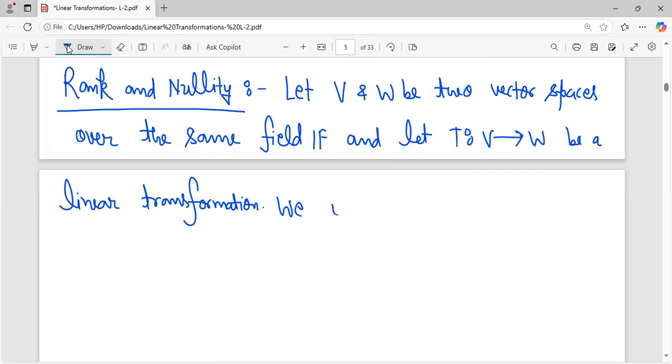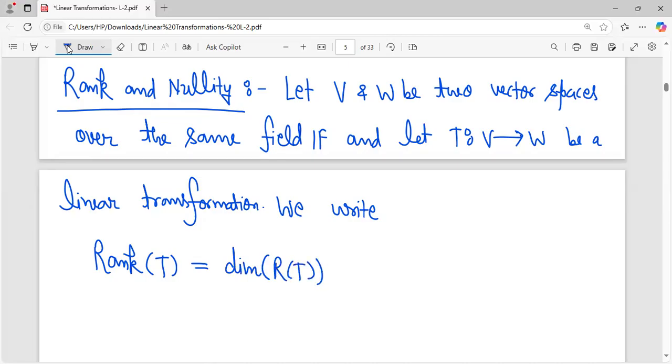We write rank of T is equal to the dimension of R(T), and nullity of T is equal to the dimension of N(T).